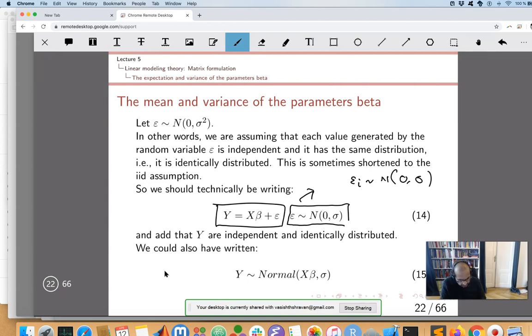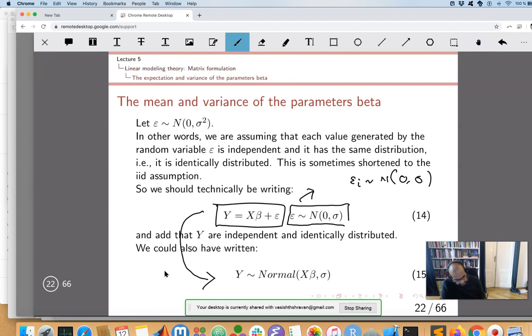I could write that putting an index on each of those things. Here I'm ignoring the index, so I'm being a little bit sloppy, and you need to be careful about that. If you read a stats textbook, you might see slightly more complicated presentations. So I'm just being a bit sloppy here. All right, so we can now write the model as an alternative to this.